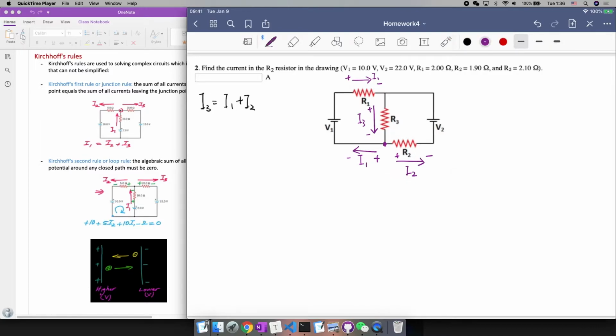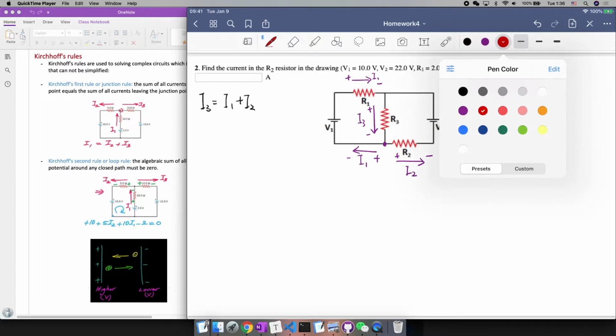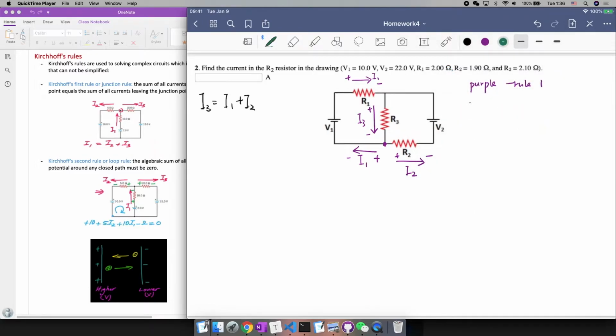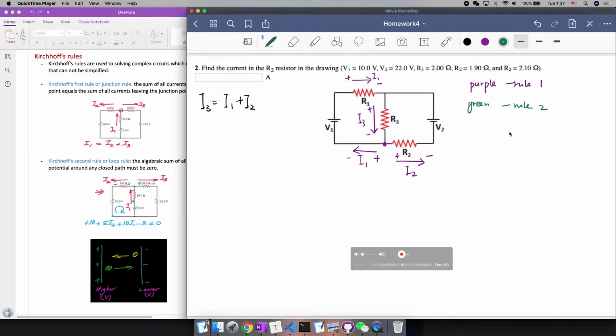So okay, let me, purple is for rule 1, and green is for rule 2. All right, so now we're going to look at the second rule.